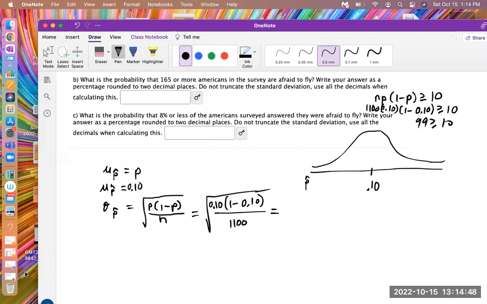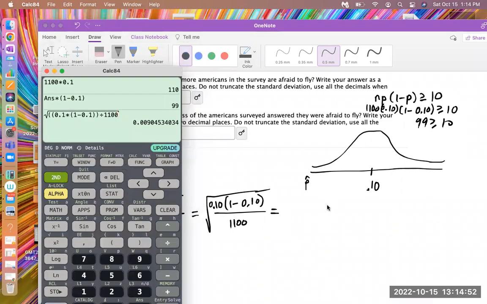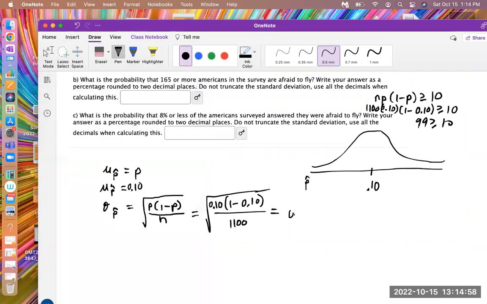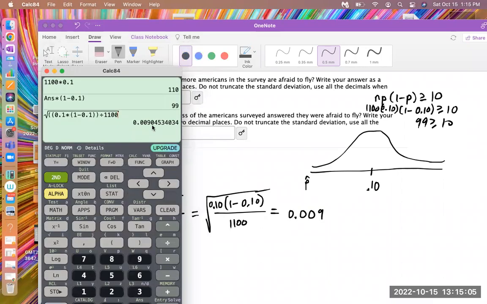If you truncate this number in any way, most likely you're going to get this answer wrong. So let me write down what this was. It's 0.009045 3.